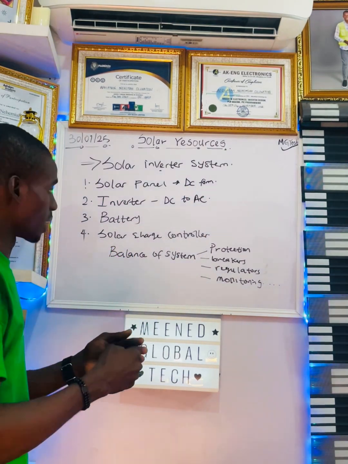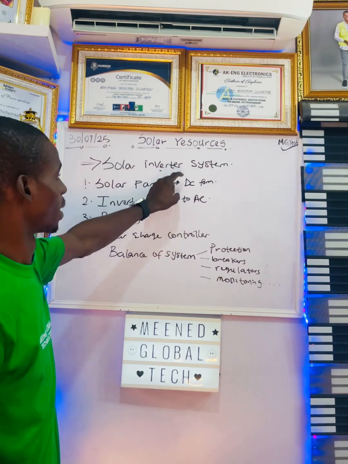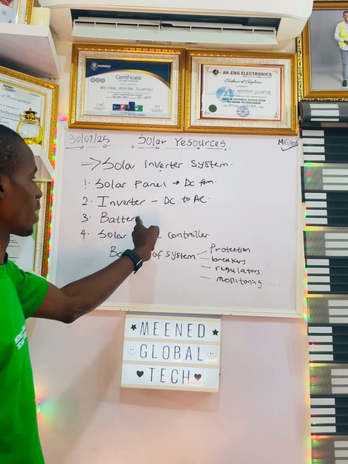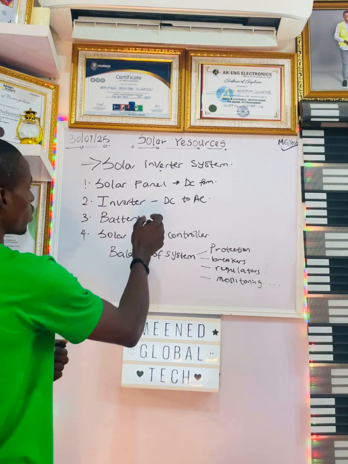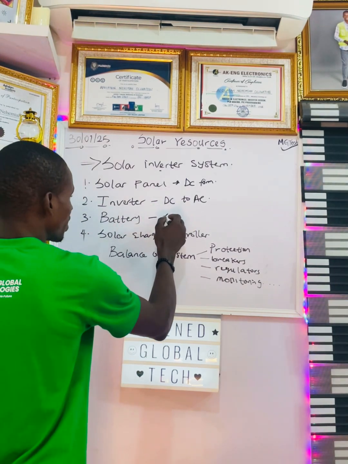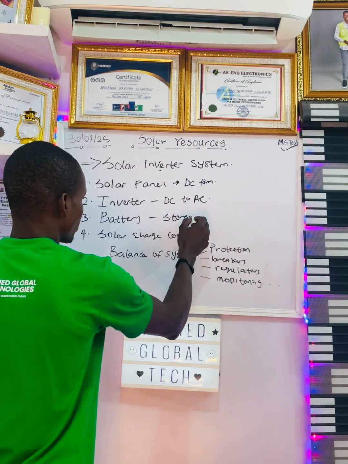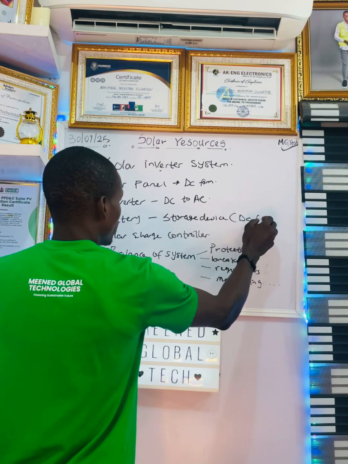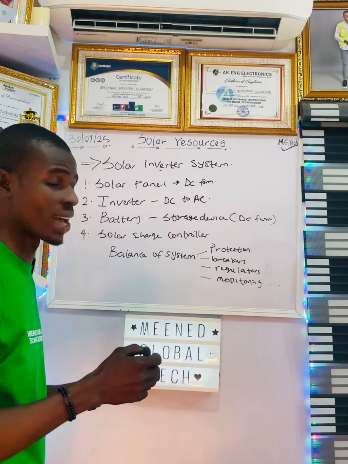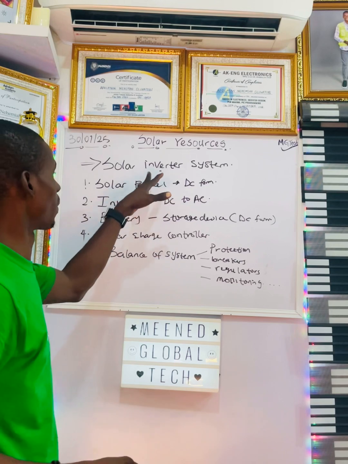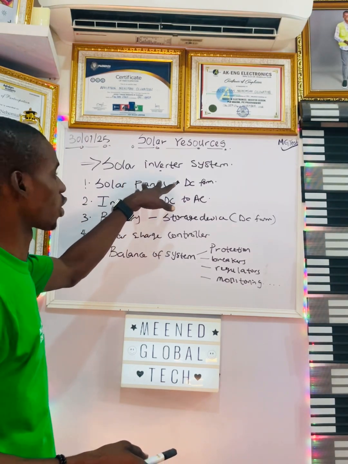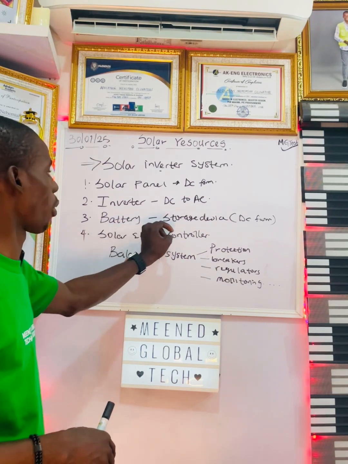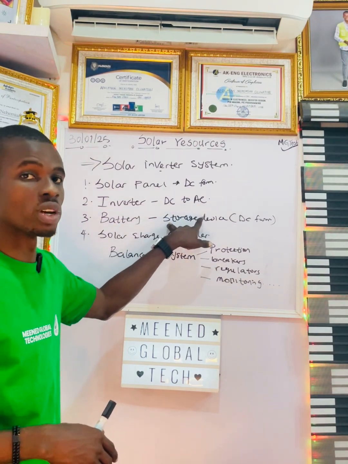When the panel absorbs this energy, it is actually stored on the battery. The battery is the storage device, and it stores the DC form of energy. So when the sun shines on the surface of the panels, it absorbs this energy, and it is stored on the battery.